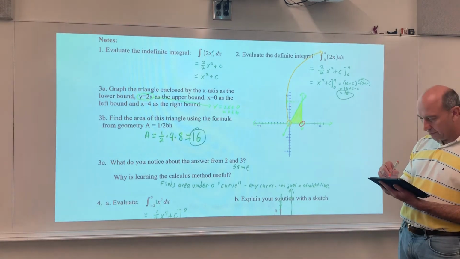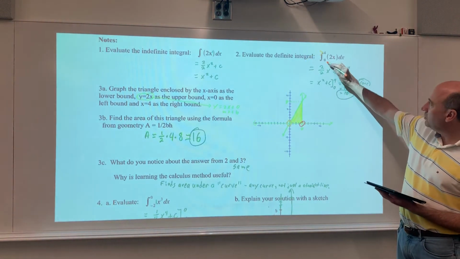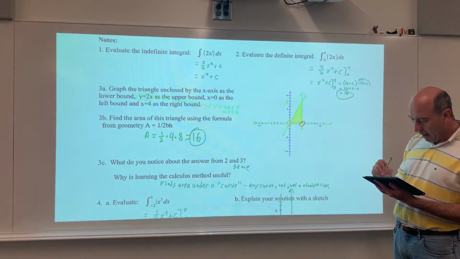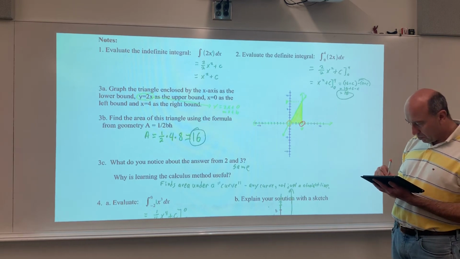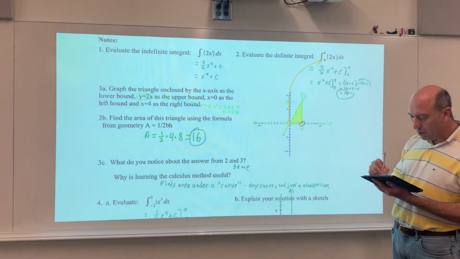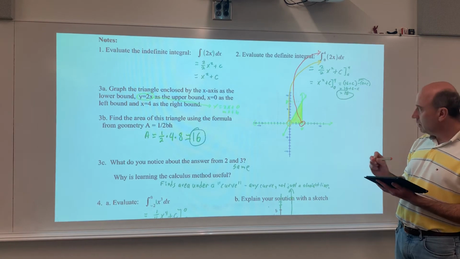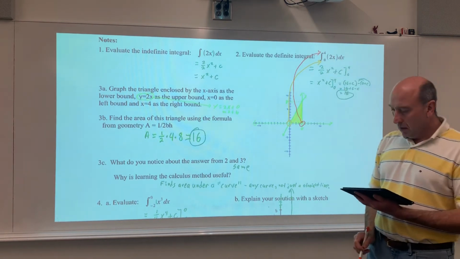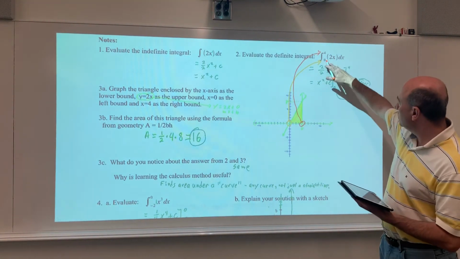The left bound goes on the bottom and the right bound goes on the top. So from 0 to 4. All right, so smaller to larger, smaller to larger.